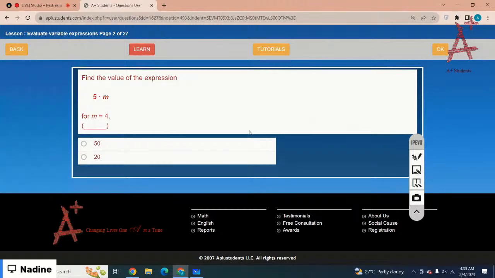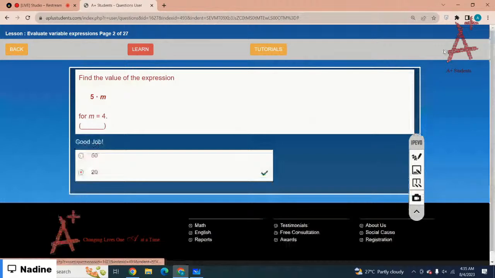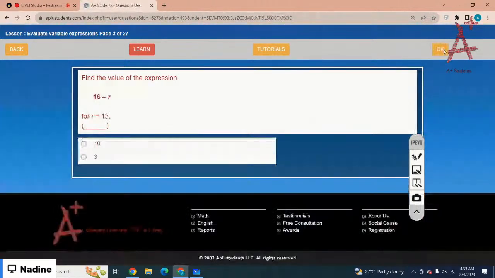Yes, that would be 20. 5 times 4 makes 20. So the correct option is 20. 5 times 4, you have to multiply, not add, right?